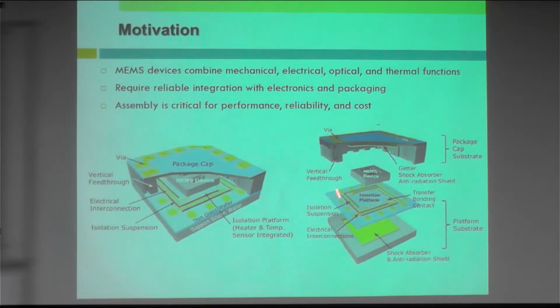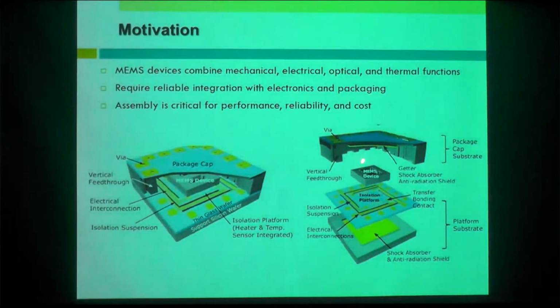So here, in this figure, we can see that we have a few components in the packaging. In this package, we have the MEMS device at the center. So we have a platform for the MEMS. Then with this package, you can see the shock absorber, to accommodate any impact to the device itself.